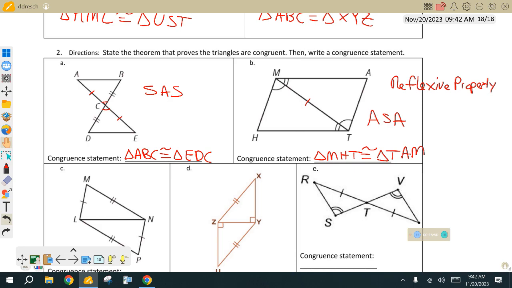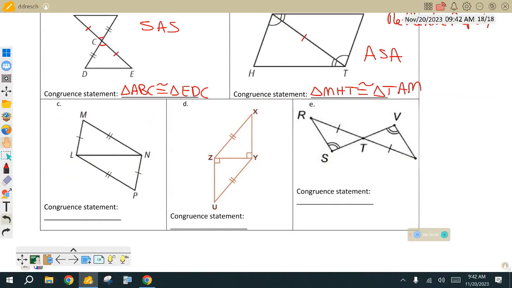All right, let's keep rocking and rolling here. On letter C, what jumps out to you? What do we have marked up? A bunch of sides. Yep, I heard. A bunch of sides. I need either another angle or another side, right? But what do we have going on in this one?